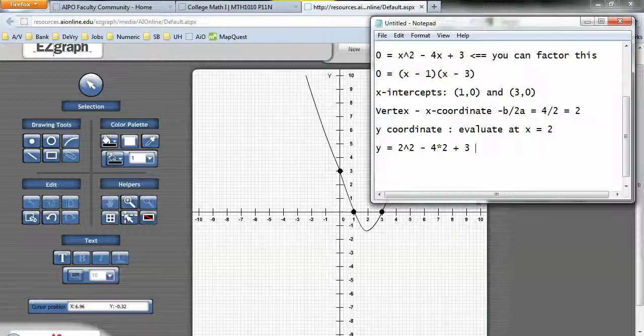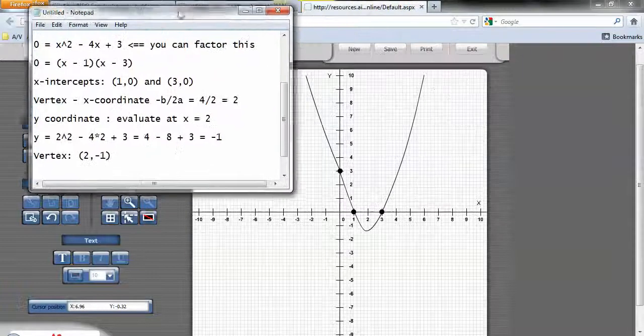So what does that evaluate to? 2 squared is 4, minus 4 times 2, that's a minus 8, plus 3. So 4 plus 3, 7 minus 8. Well, that's a minus 1. Okay, so that would be our vertex. It would be at 2 comma minus 1.